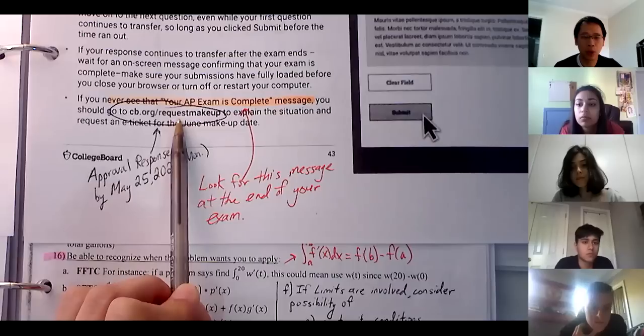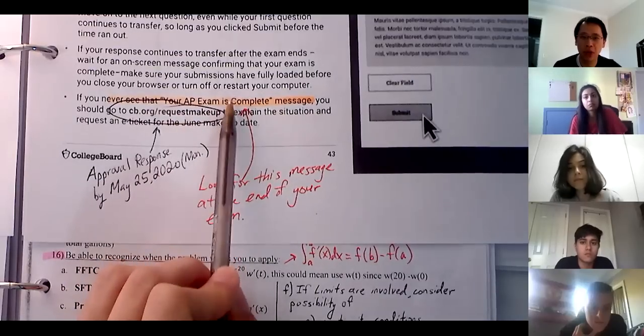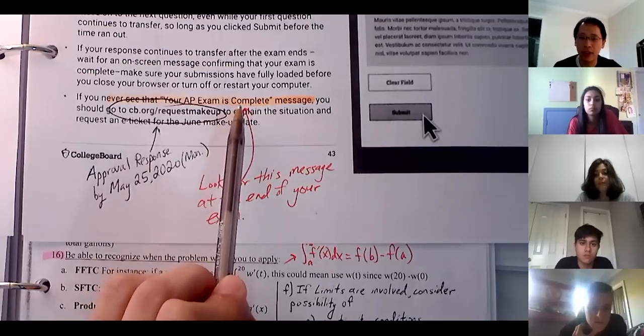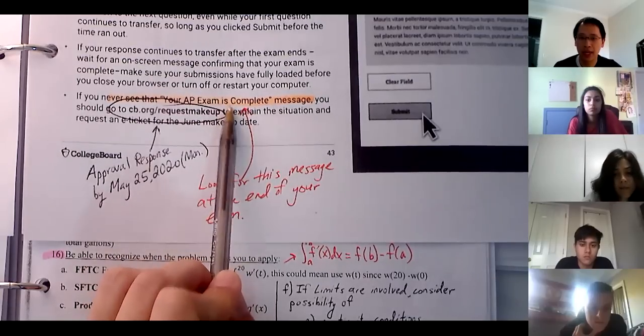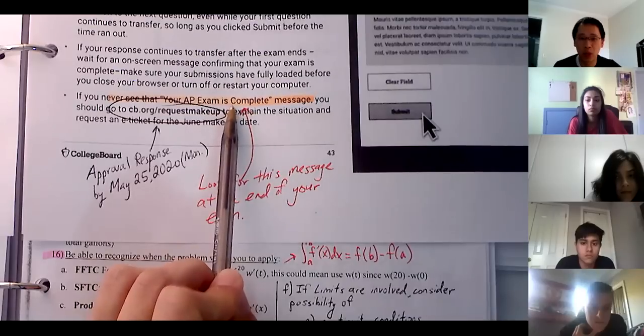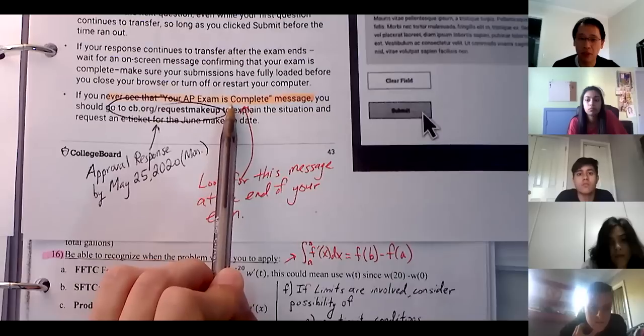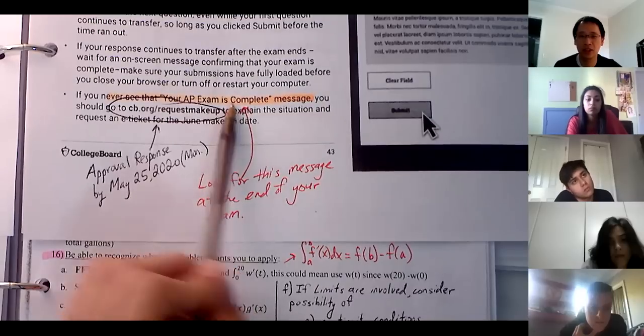And when you do a request makeup, here is a possibility where you don't know if it took your work. It doesn't give you confirmation whether they've received it or not, and then you just don't know.